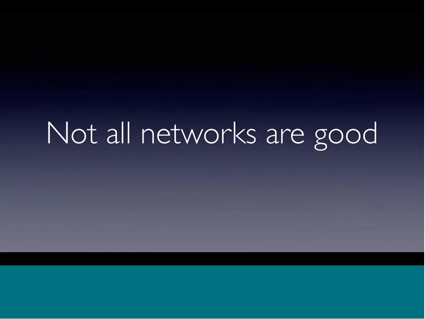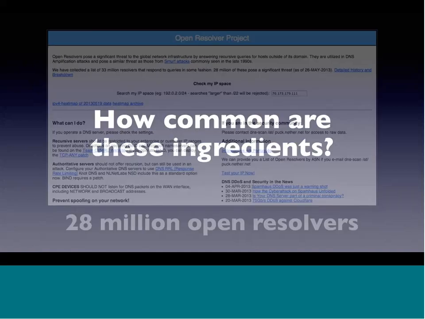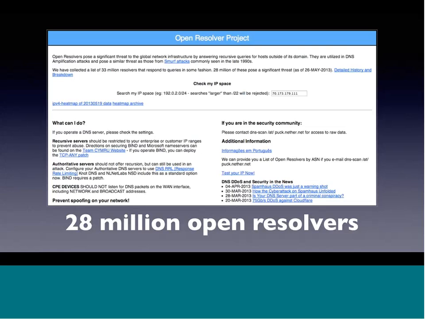Unfortunately, not all networks are good. And we want to see how common are these ingredients of networks that are allowing spoofed packets to come from them, and also how many of these open servers there are. Well, first off, how many open servers are there? We have projects that actually track these.